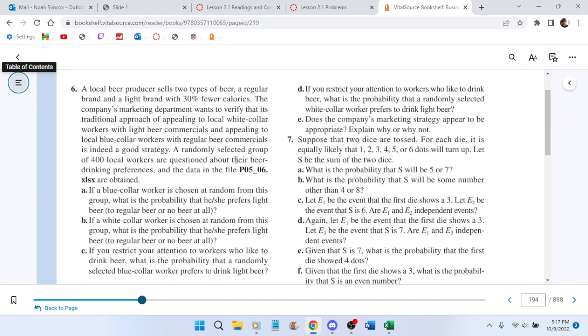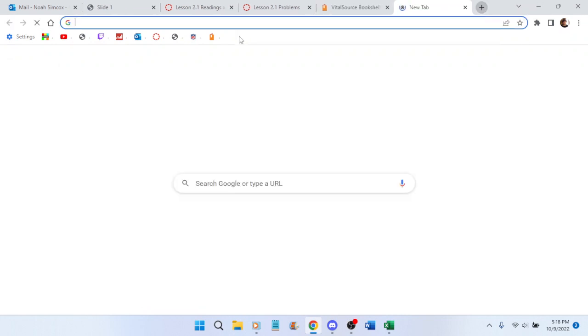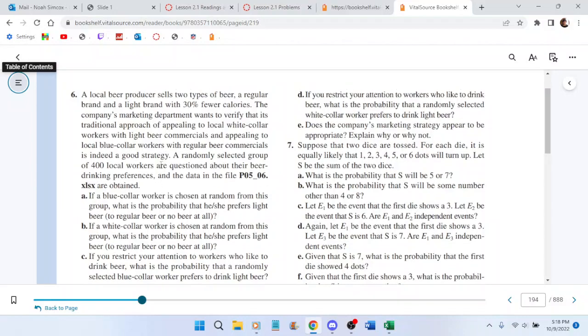Oh no. What is this equivalent to? What is this problem equivalent to? Do they have an example that's similar to this?